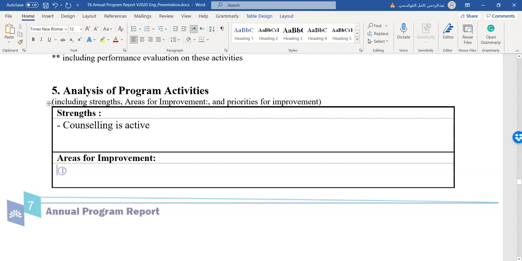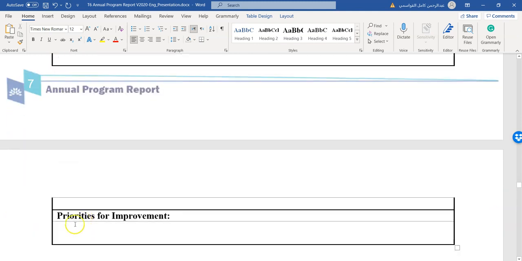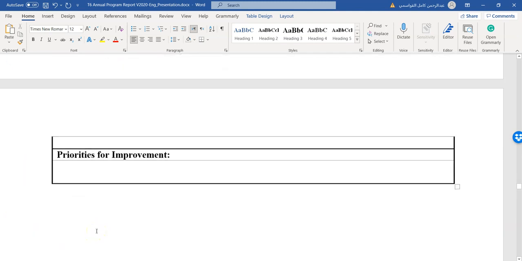For areas of improvement, needs more attention related to research, for example. Priorities for improvement, increasing the community service activities.